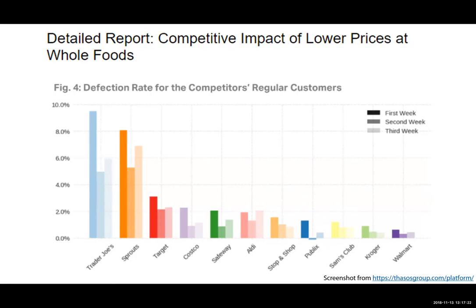And you see that during the first week of this Whole Foods price reduction, you had almost a 10% defection rate, they call it. People who, instead of going to Trader Joe's, went to Whole Foods because the prices are lower. And then that fluctuates over time. But you see across these different grocery stores, there's this defection rate, and they can get some pretty accurate data on that kind of thing.